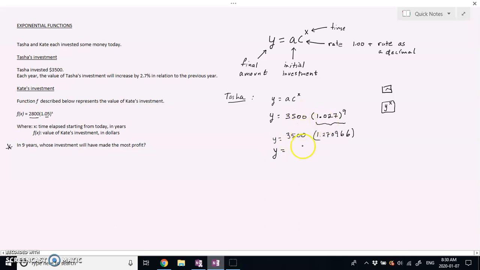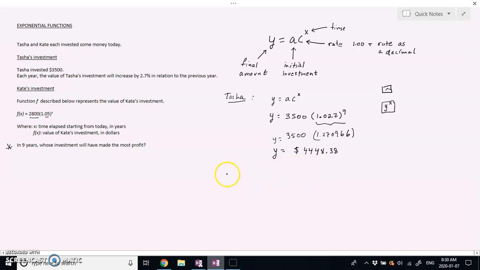Now, if you go left to right, you're going to get the wrong answer, so it's important you did that exponent part first. And the value of Tasha's investment in 9 years is $4,448.38. So that's great.